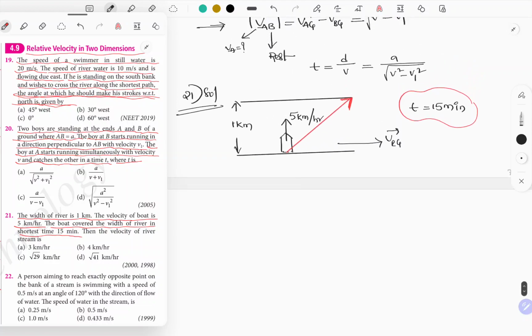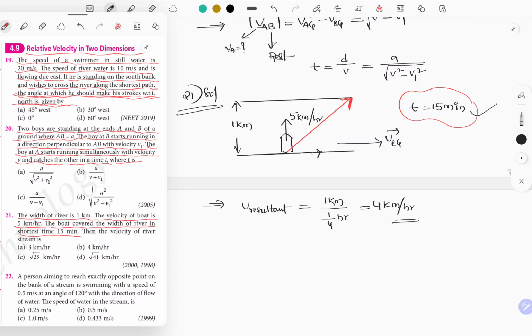So finally, we are going to get resultant velocity is equal to distance traveled, the width of the river. So width of the river is 1 kilometer divided by how much time it took? 15 minutes. 15 minutes is nothing but 1/4 of the hour, right? Which is equal to 4 kilometer per hour. This is the resultant velocity.